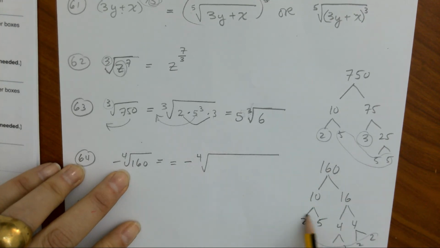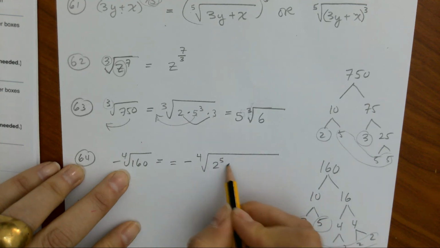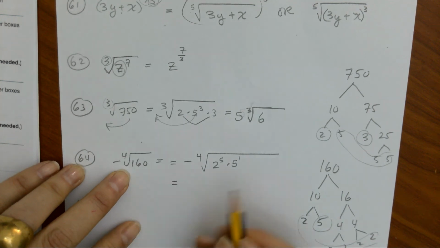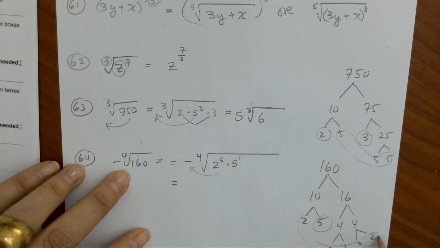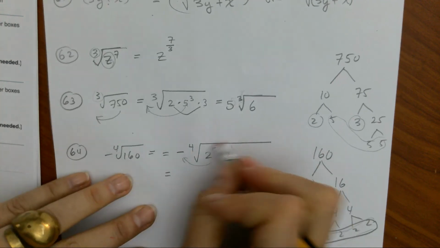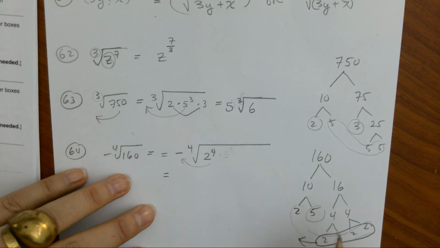I have 5 2's, and I have one little 5 here. That's it? Yep. So if I want to take anything out, I have to have a group of 4. So here's my group of 4, I can take that out. Let's write it differently. Here I have a group of 4, and then I have a little 2 left over, and then I have a 5.